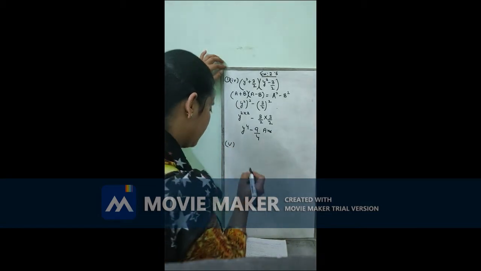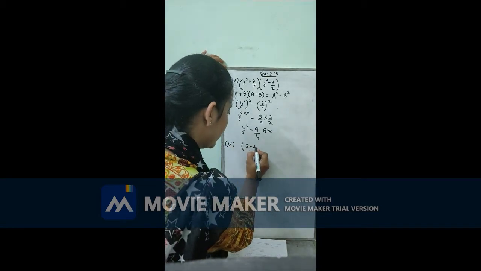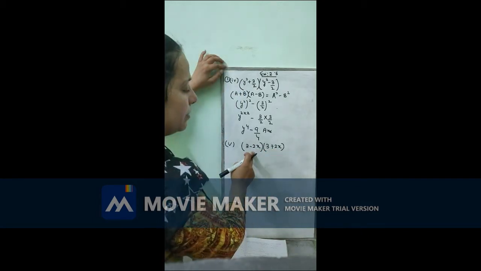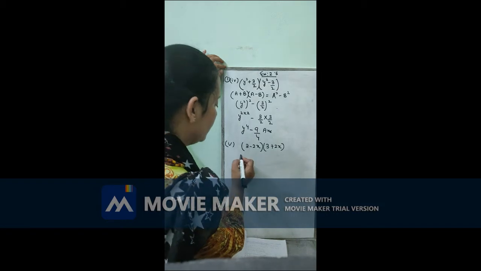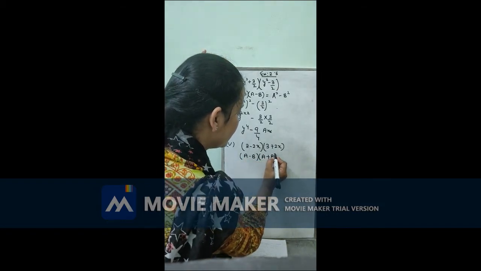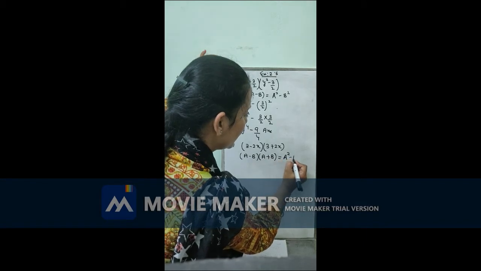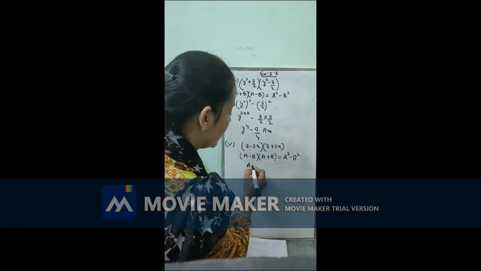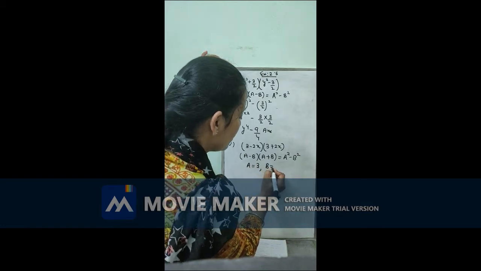Same in fifth part. You are given with the statement (3 minus 2x) into (3 plus 2x). This is again (a minus b) into (a plus b). Identity is a square minus b square. A is 3, b is 2x.